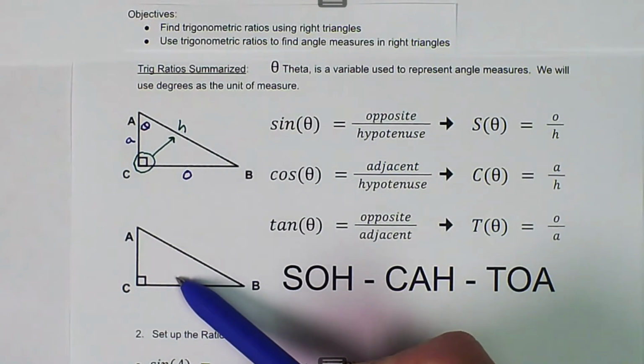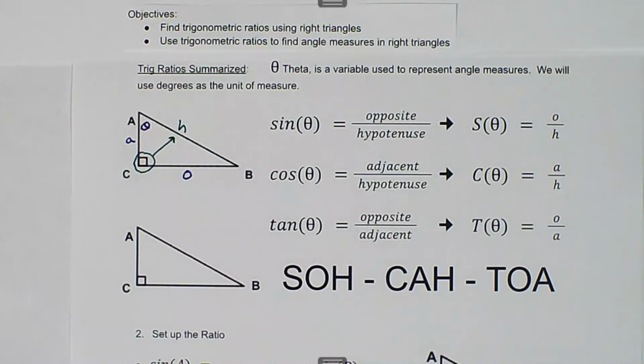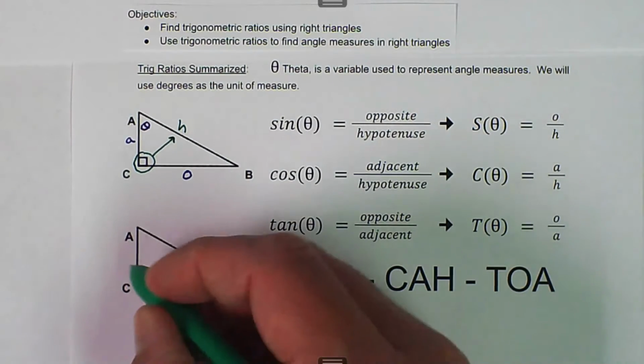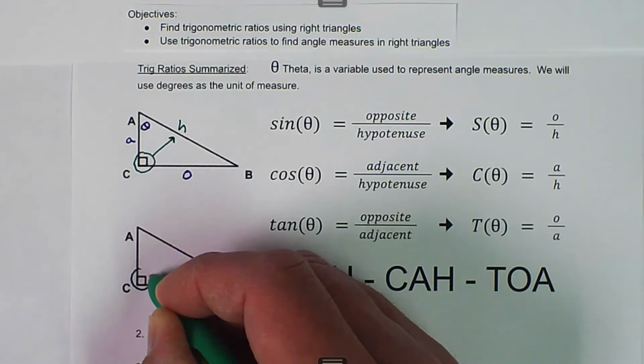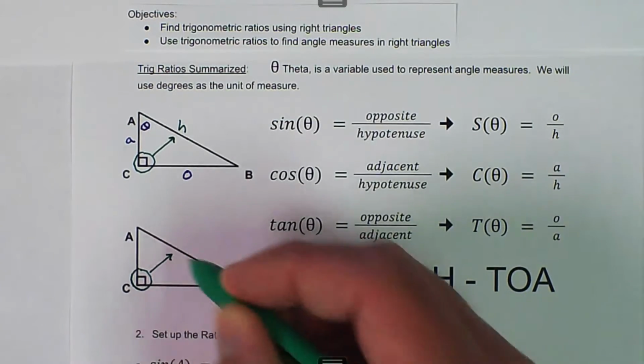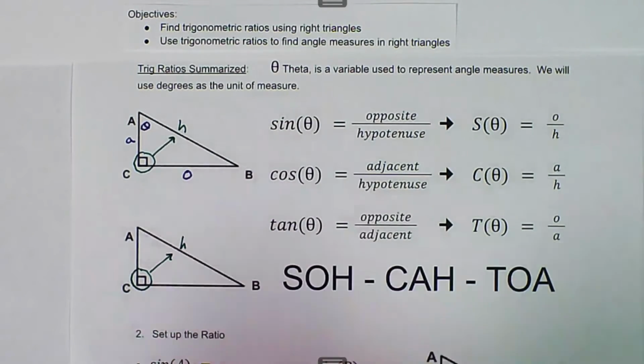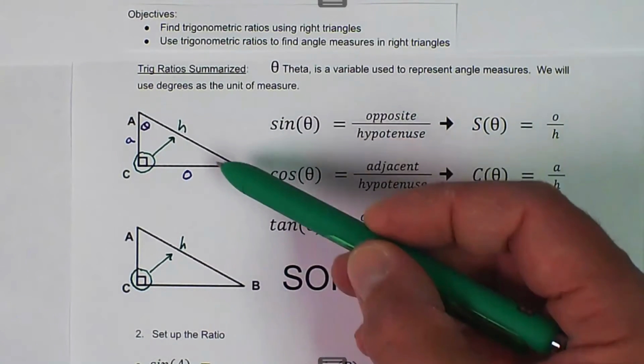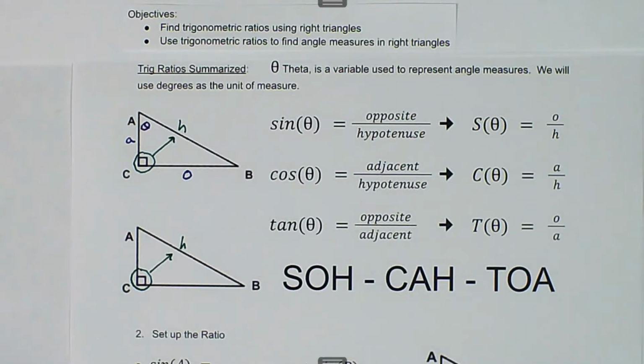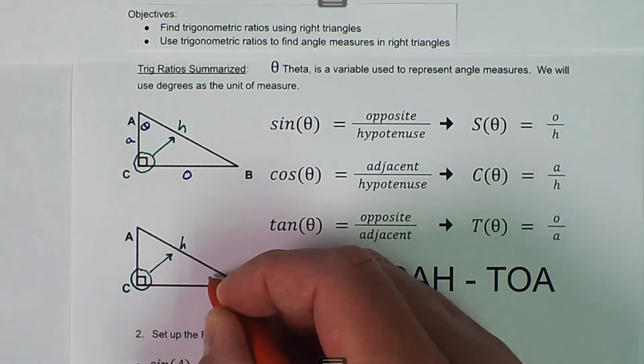Now we have the same triangle drawn right here, and we've already talked about this, but the hypotenuse never changes. The hypotenuse is always opposite the 90-degree angle. Now, if we move the angle of reference from A to B, that's going to change where our other ratios are located.